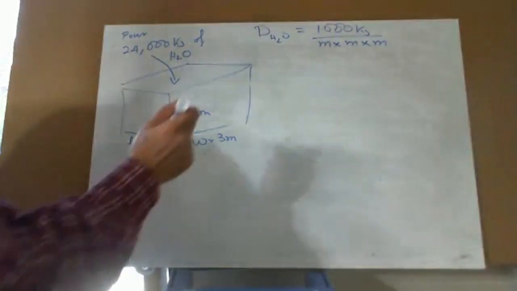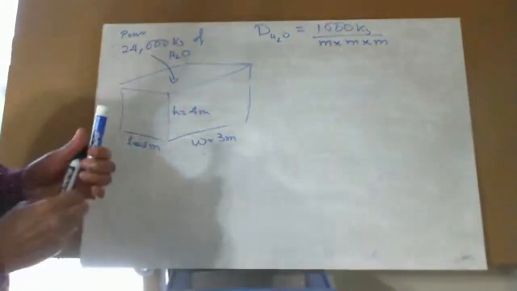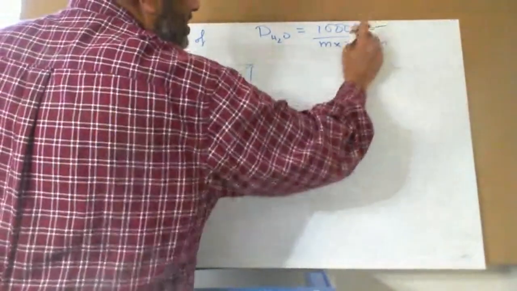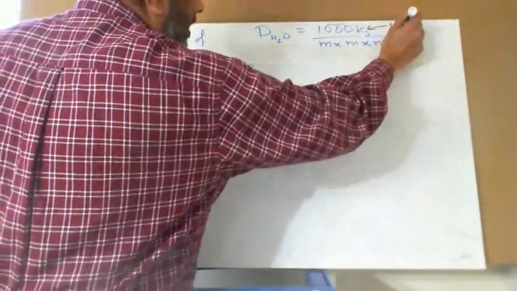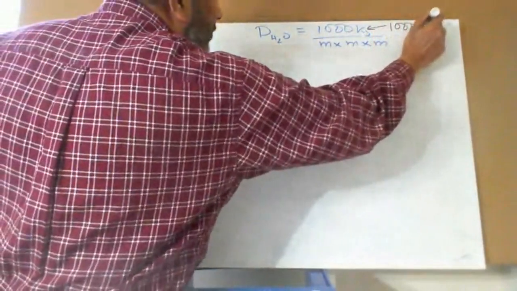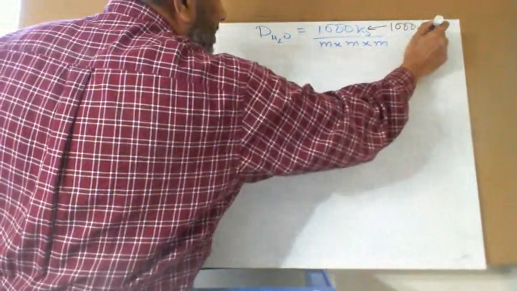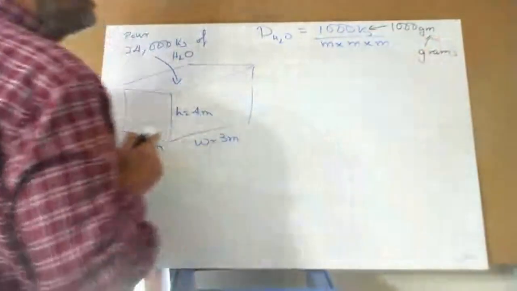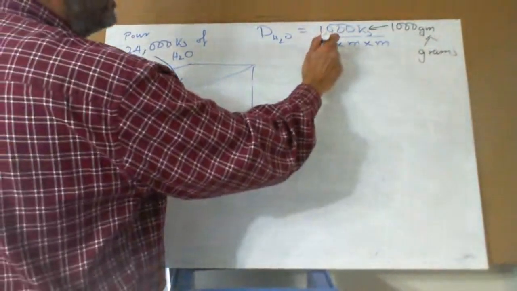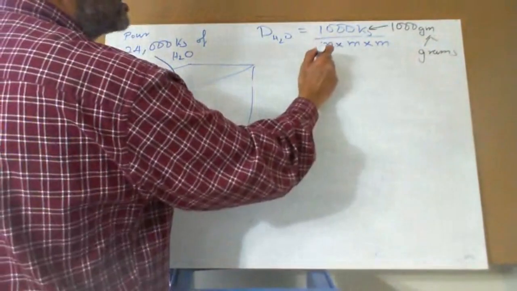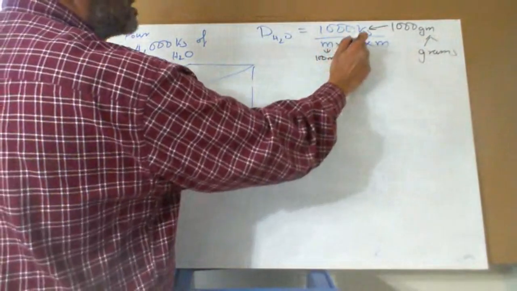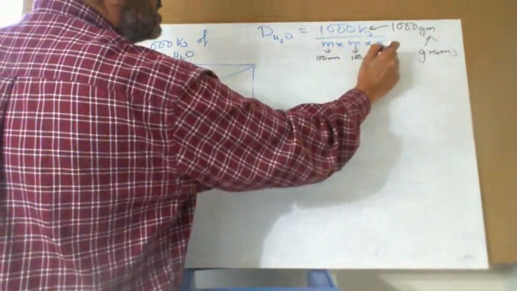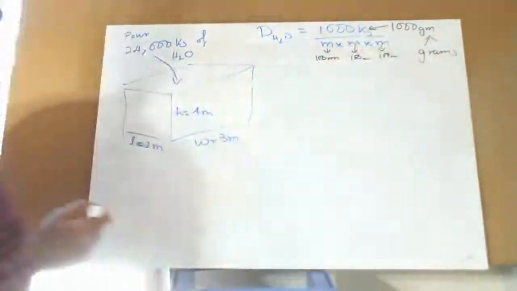Now a kilogram, by the way, 1 kilogram is 1,000 grams. So I'm going to replace this kilogram by 1,000 grams. This is grams. And each meter is 100 centimeters. So this is 100 centimeters, this is 100 centimeters, and this is 100 centimeters.